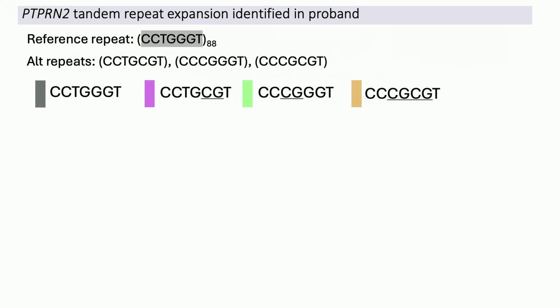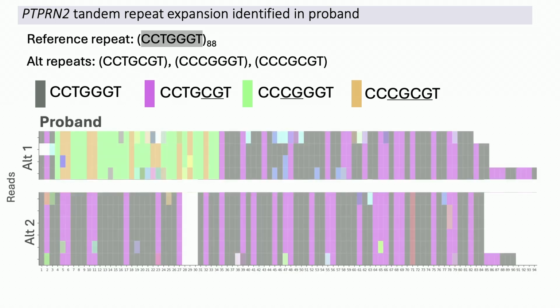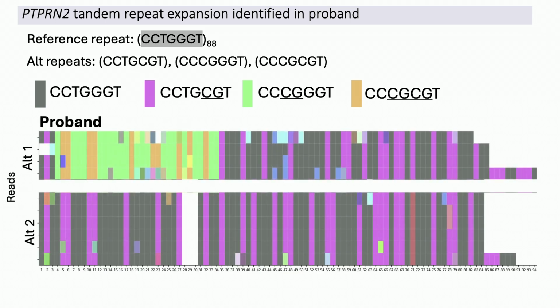In this gene and in this particular repeat, the reference sequence is a CCTGGGT sequence. But what's really interesting is our proband has several sets of alternative alleles. The reason that's interesting is because the alternative alleles, which you can see separated on this plot, open up more methylable sites. So we looked at whether there was differential methylation in these different haplotypes that could be contributing to this disorder.